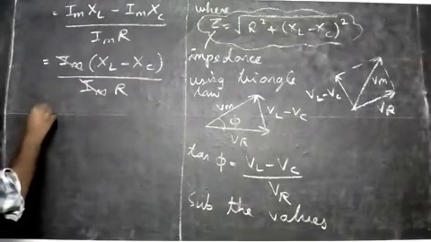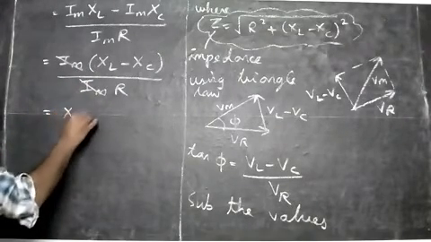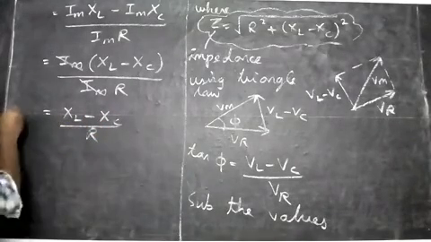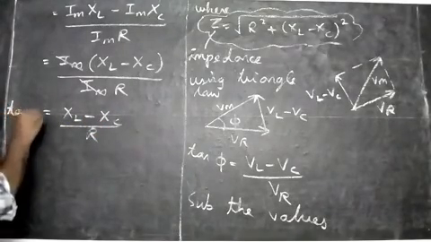What do we get here? We get XL minus XC divided by R, and the left side is tan phi.